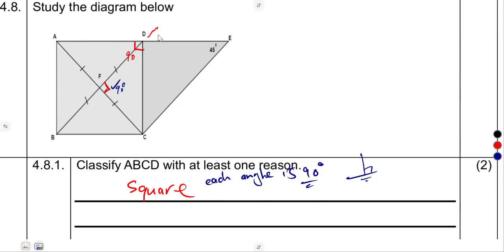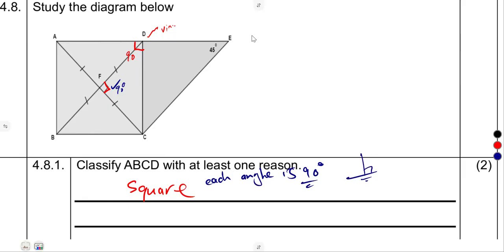So meaning to say the vertex angle at D will be subdivided into two equal parts. So that will be 45 degrees concept. That will be at an angle of what? Of 45 degrees. This will be bisected into two equal parts.